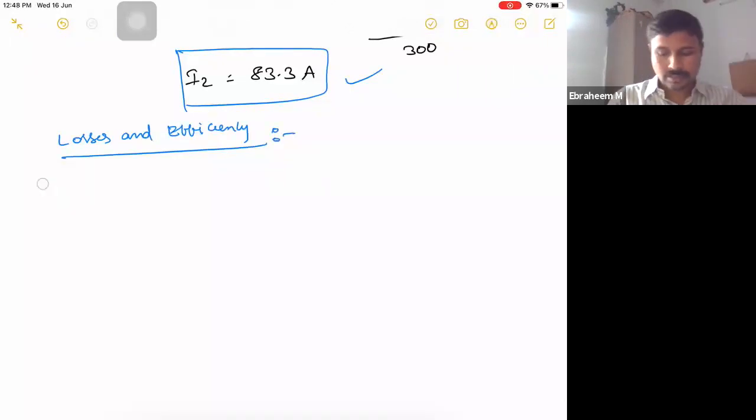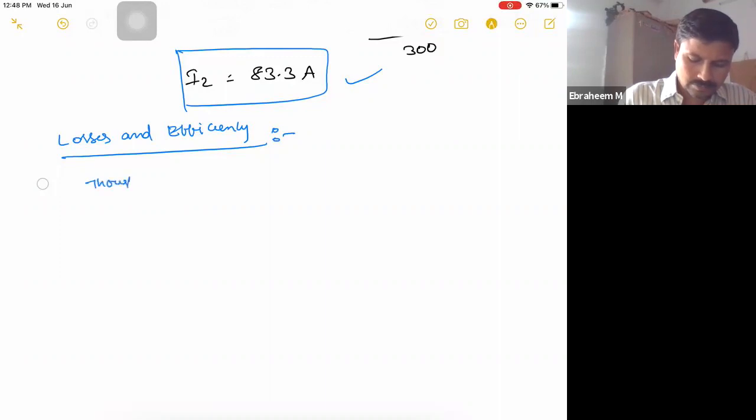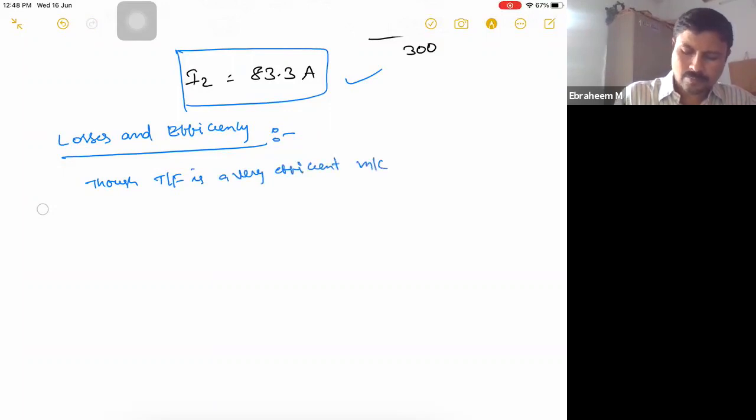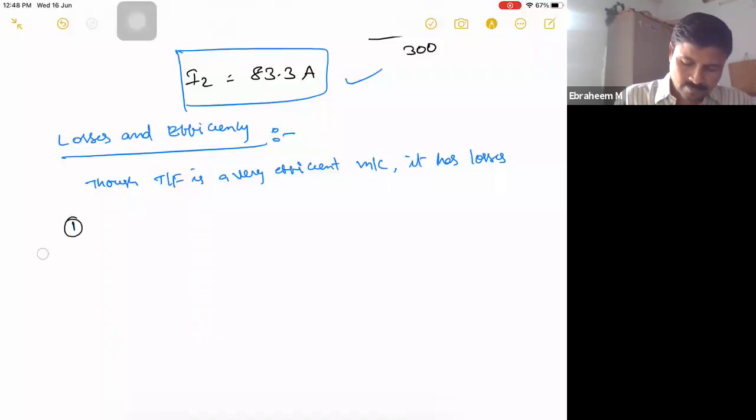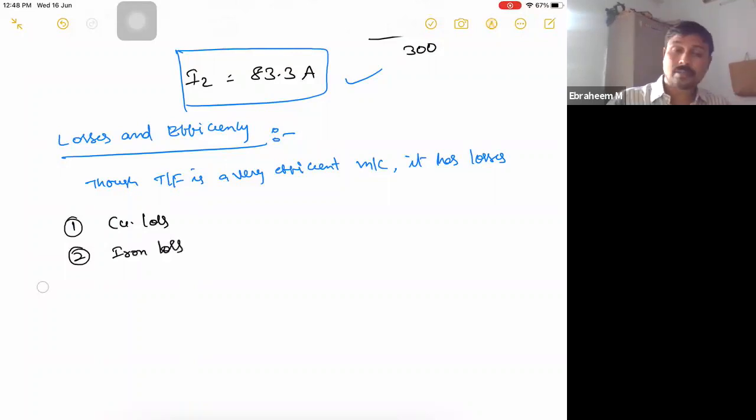The transformer is a very efficient machine. It has losses. The first one is copper loss. The second one is iron loss. So there are only copper loss and iron loss.